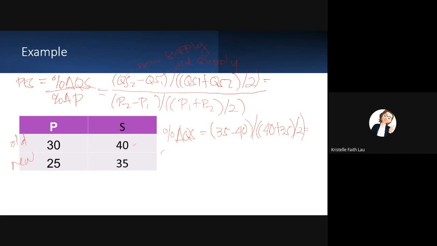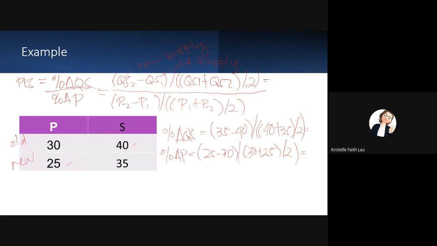And then for the percentage change in the price, we have P2 as 25 minus 30. Divide natin. Then 30 plus 25 divided sa 2. So let's solve.